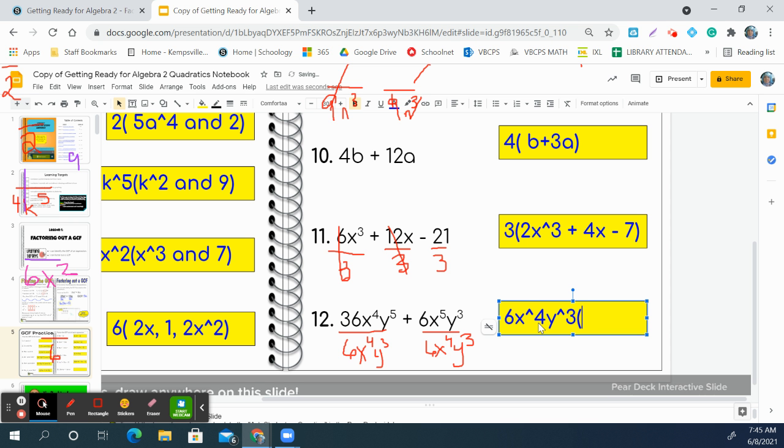Looks a little crazy. What do you get when you do 36x to the 4, y to the 5 divided by 6, x to the 4, y to the 3? Whew. Absolutely, 6y2. And then plus what?